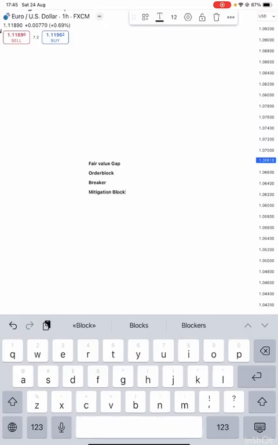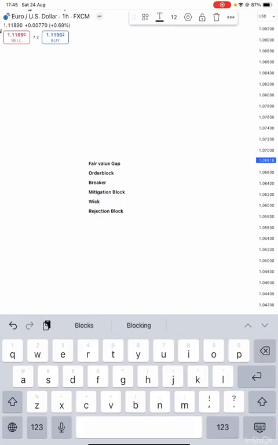It's a confluence to me. I mainly, the most powerful PDRAs are breaker, order block, fair value gap, wicks, because wicks, long wicks are gaps, and so the consequent encroachment is a sensitive point.